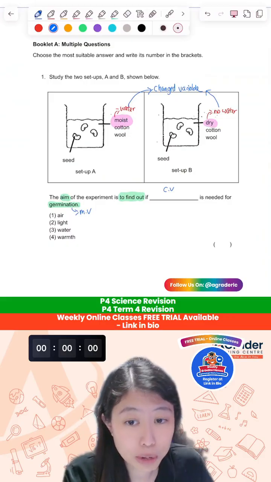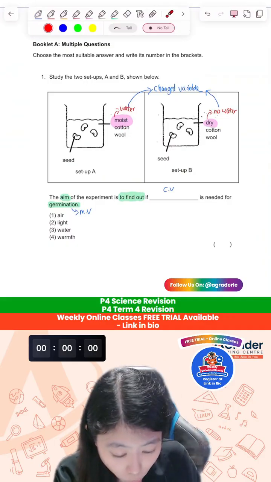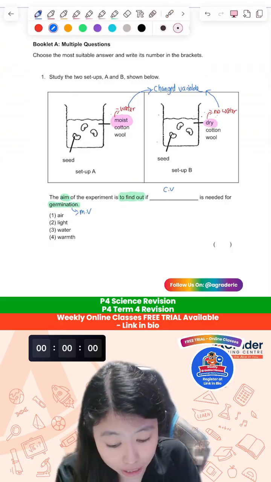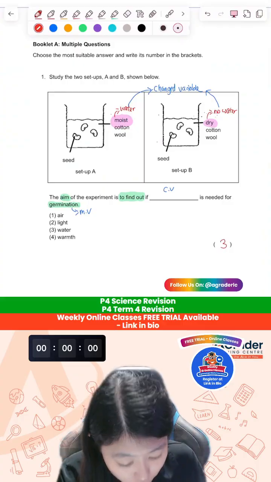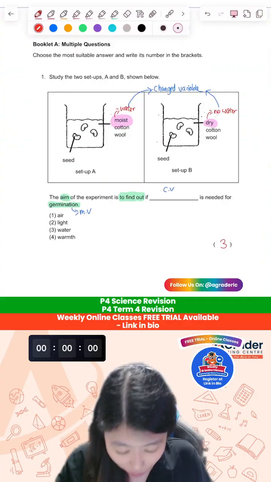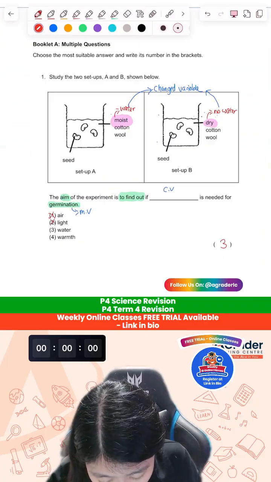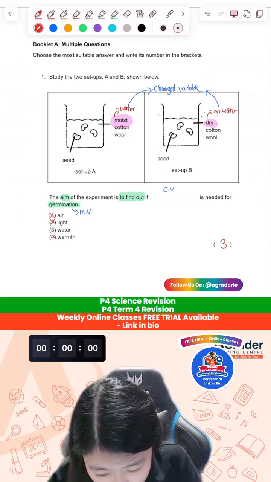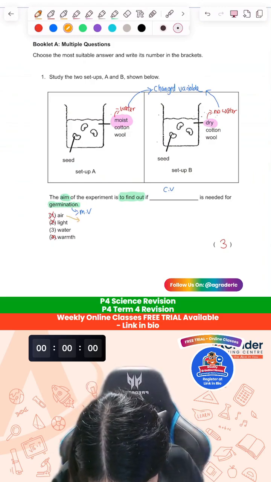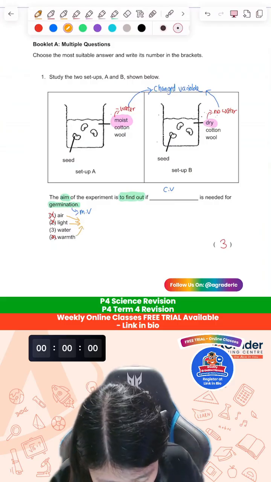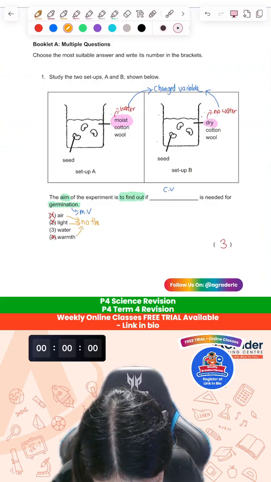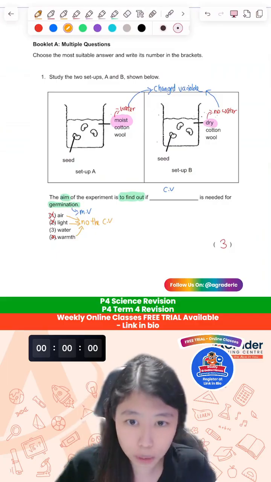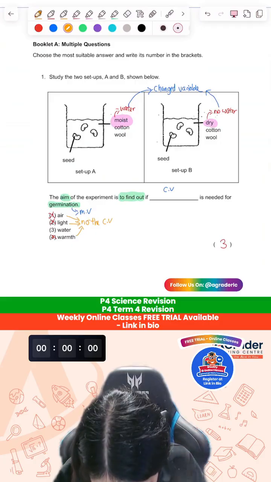MV means measured variable. Just insert your changed variable inside here. I've seen a lot of you send in that your answer is 3, which is correct. Number 1 cannot, number 2 cannot, number 4 cannot, because these three things are not the changed variable. If it's not the changed variable, it should not be in your aim.